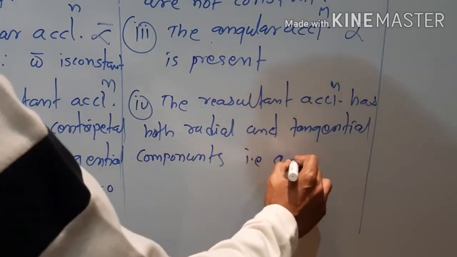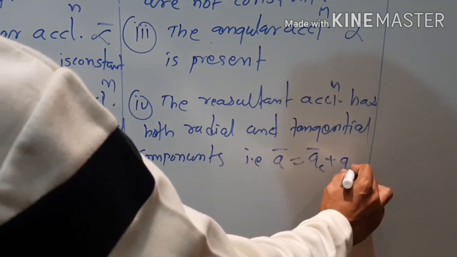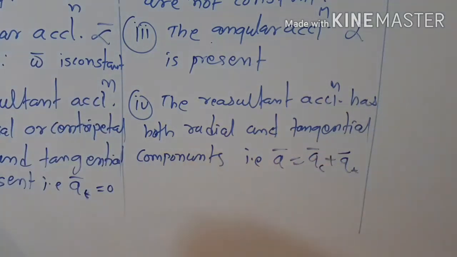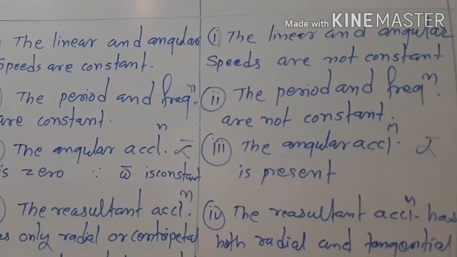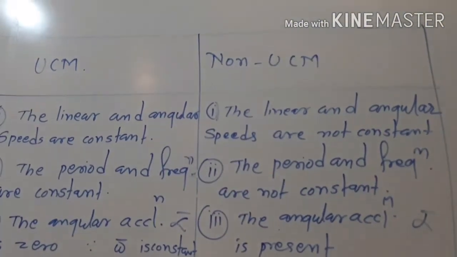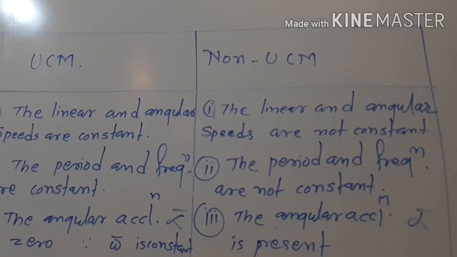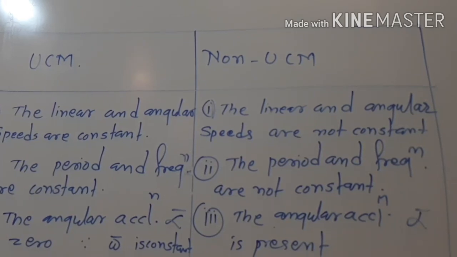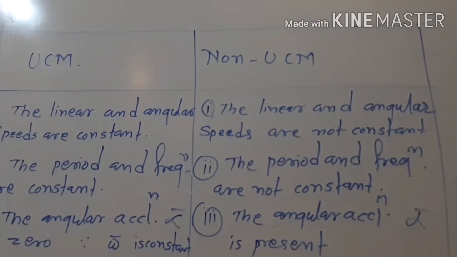That is, a bar is equal to a_C bar plus a_T bar, because radial and centripetal components are the same. In this way, by using four points, we express the answer of the question: what is the difference between UCM and non-UCM?